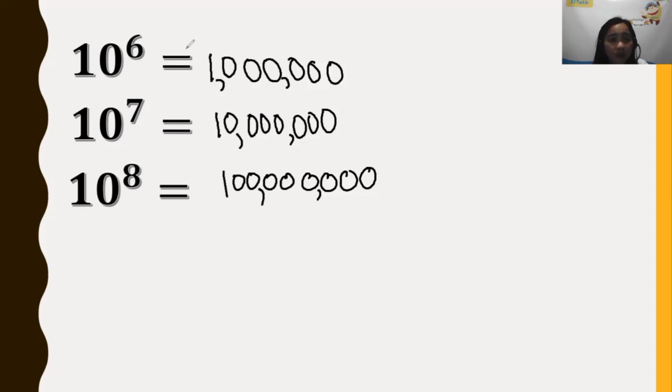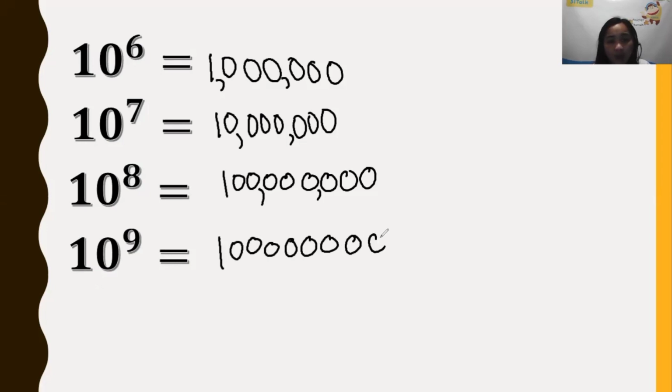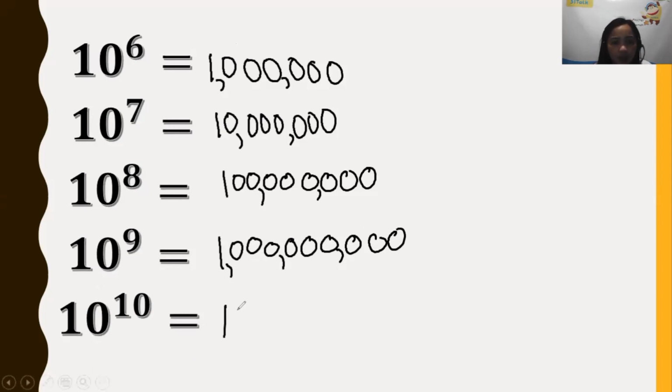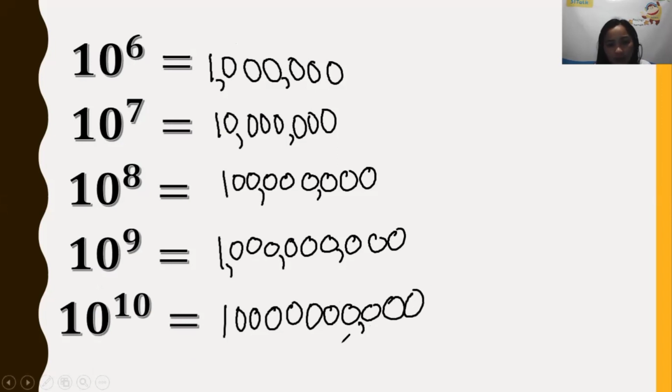What if we have 10 raised to 9? And that is 1, 2, 3, 4, 5, 6, 7, 8, 9. And what if we have 10 raised to 10? And that is, we have 1, 2, 3, 4, 5, 6, 7, 8, 9, 10.